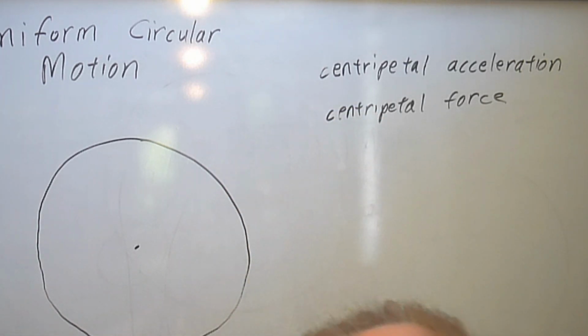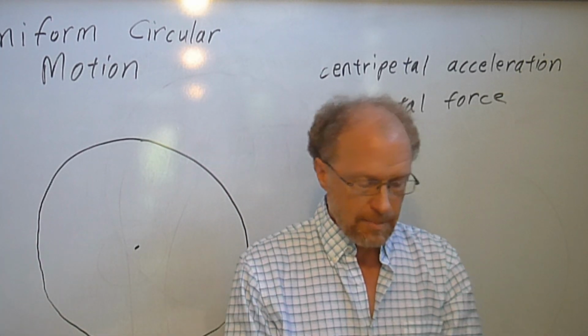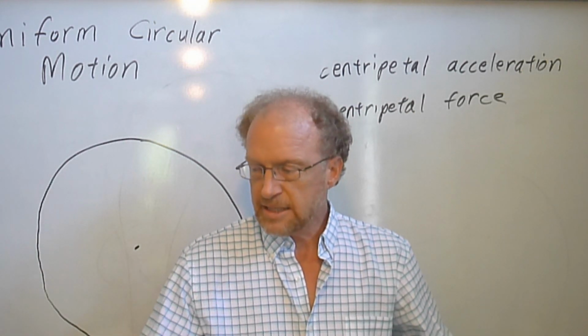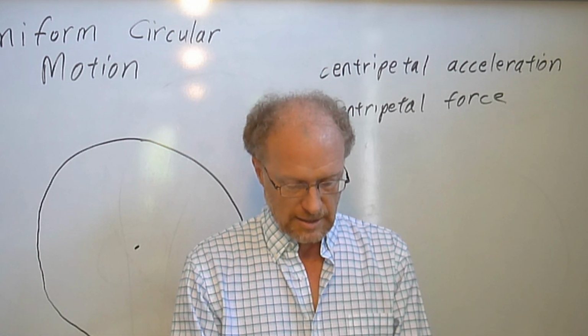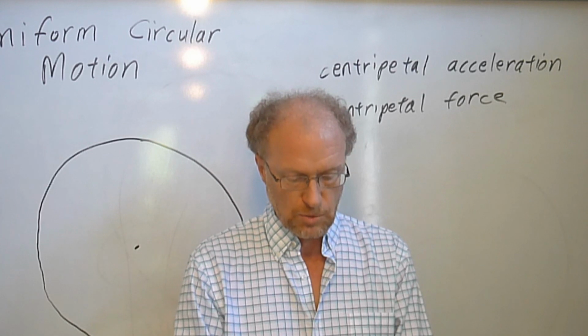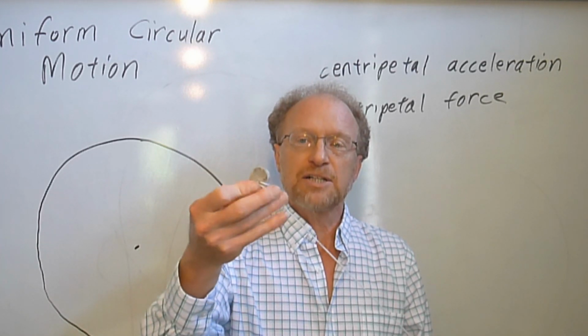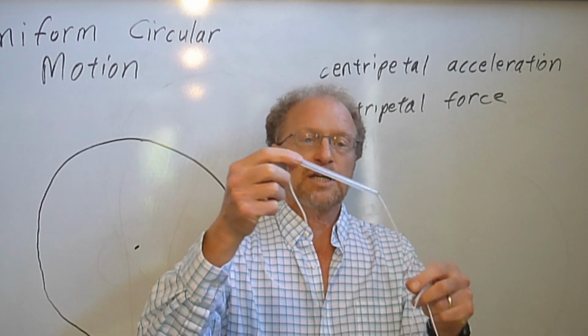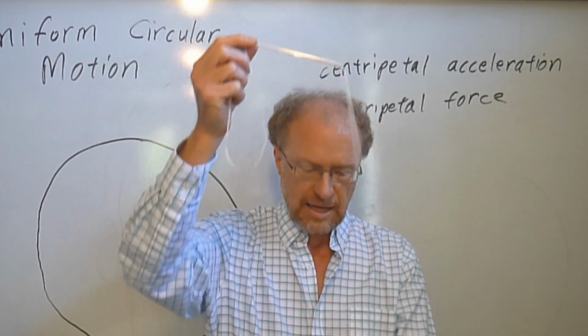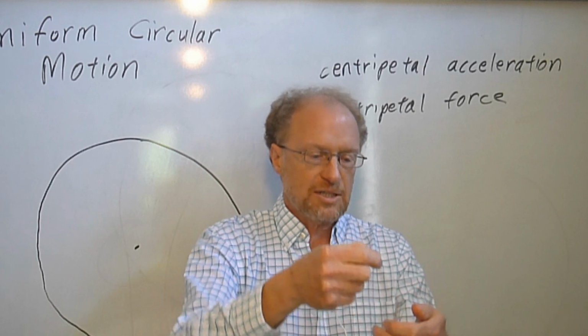Something we're going to be looking at in a lab in class is an eraser that you're going to twirl over the top of your head. This is an eraser tied to a string. The string goes through a plastic tube, and at the other end of the string is a weight.